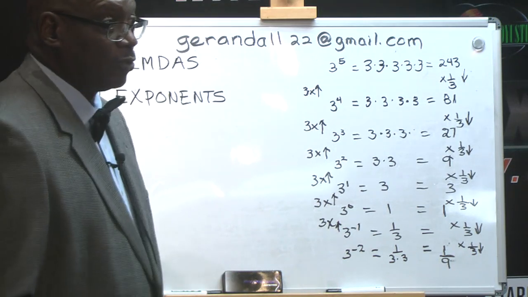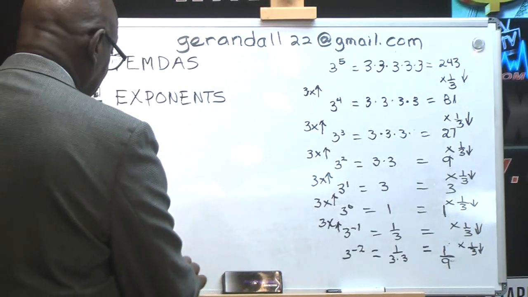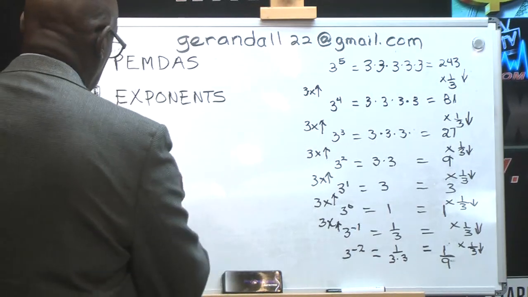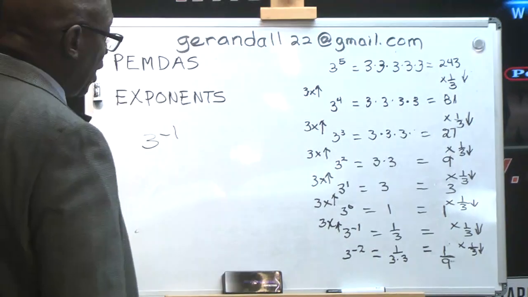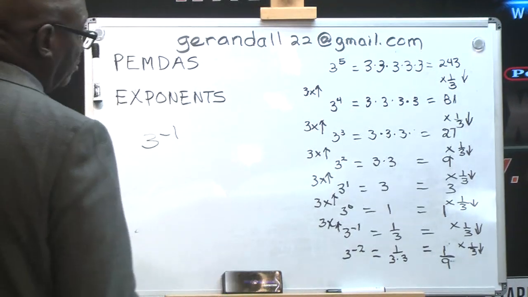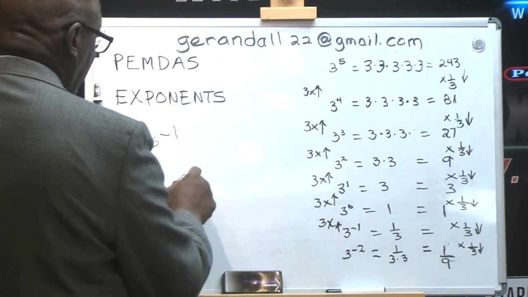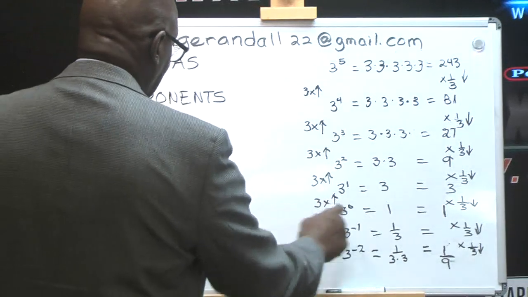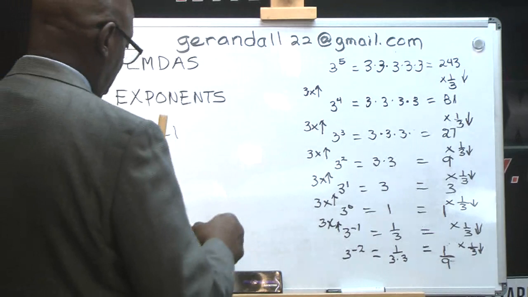But of course, we have negative numbers, where we will write, in this case, 3 to the minus 1. Now, mathematicians, again, look at this, and we cannot express an exponent as a negative, so we have to look at some other things.